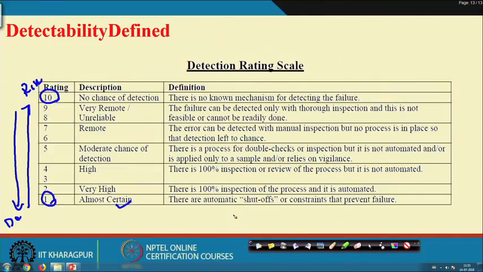So, similarly, almost certain, there is an automatic shut-off or constraint that prevents failure. Okay, it will not happen, even if that failure, the system is such that the failure is prevented.